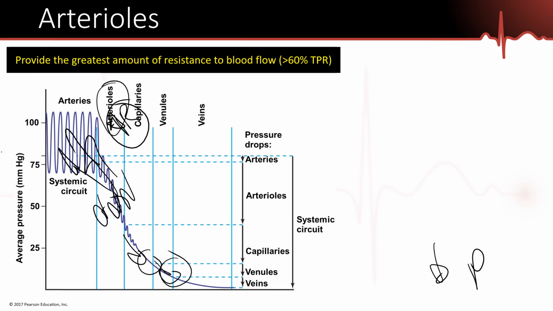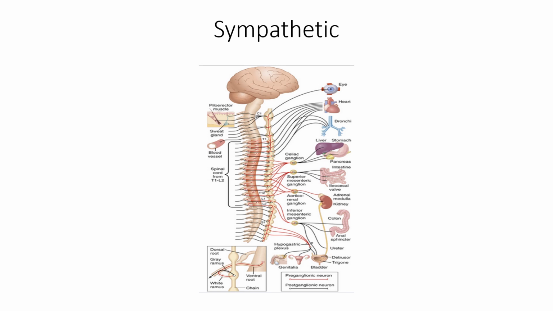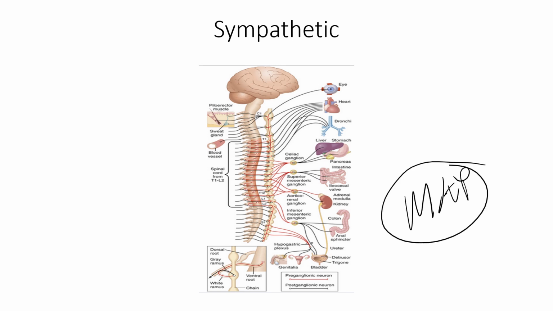Now we can finally talk about what actually dictates mean arterial pressure, the average pressure within the arteries, or we can just say mean pressure, the average pressure within any vessel. So what determines mean arterial pressure? You're usually interested in mean arterial pressure, meaning the blood pressure within the arteries of the systemic circuit.